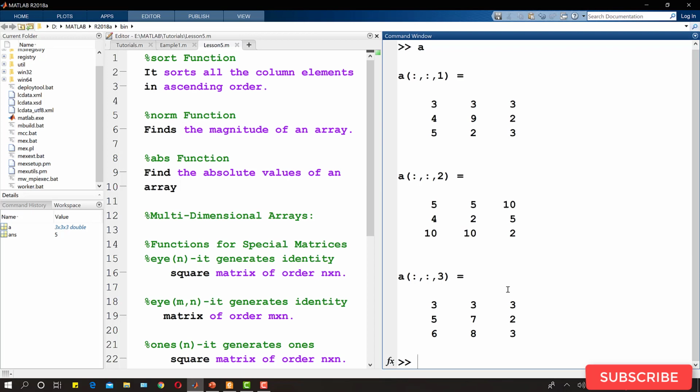So now let's suppose I want to access a column of the third page. I will write A, all rows, and the third column of the third page.